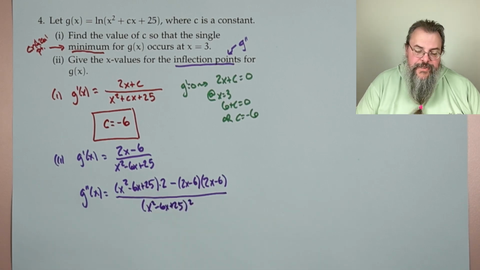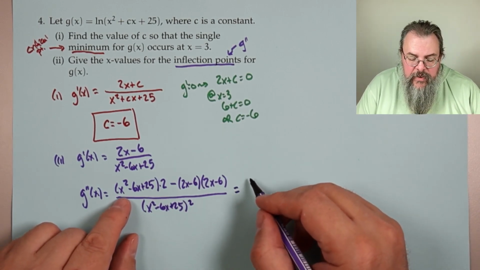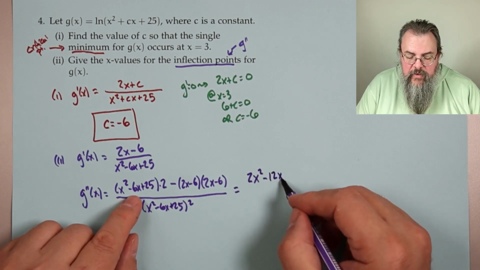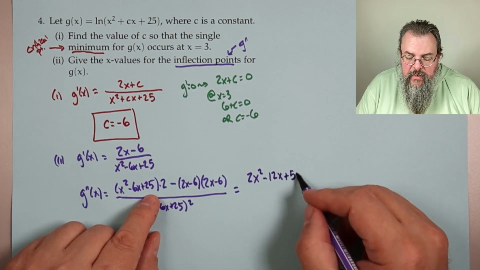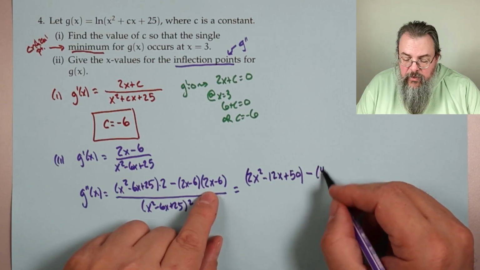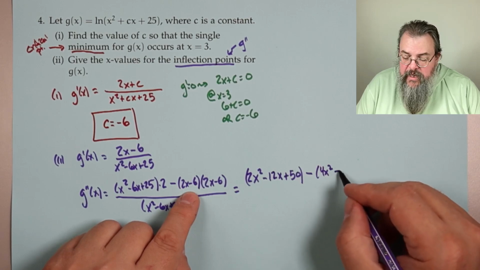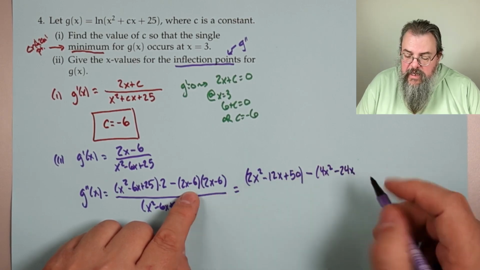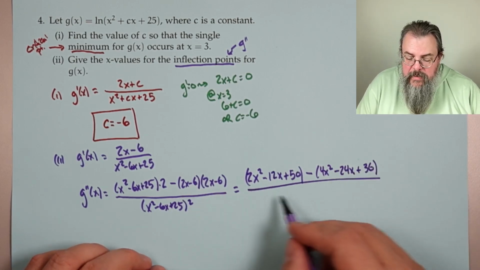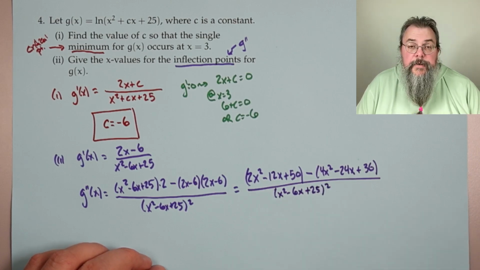All right, so what does this give us? Let's carefully work this out. That would be 2x squared minus 12x plus 50, subtract 2x times 2x, which is 4x squared, then minus 12x minus 12x, that makes minus 24x, and a plus 36. And we still have the denominator squared.